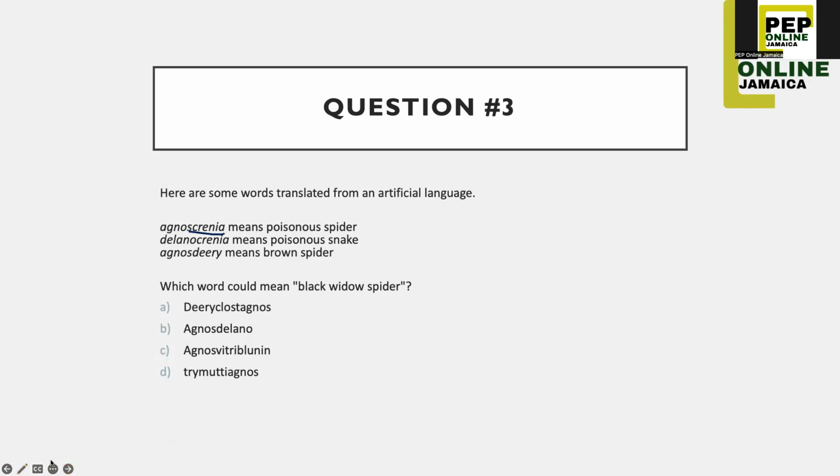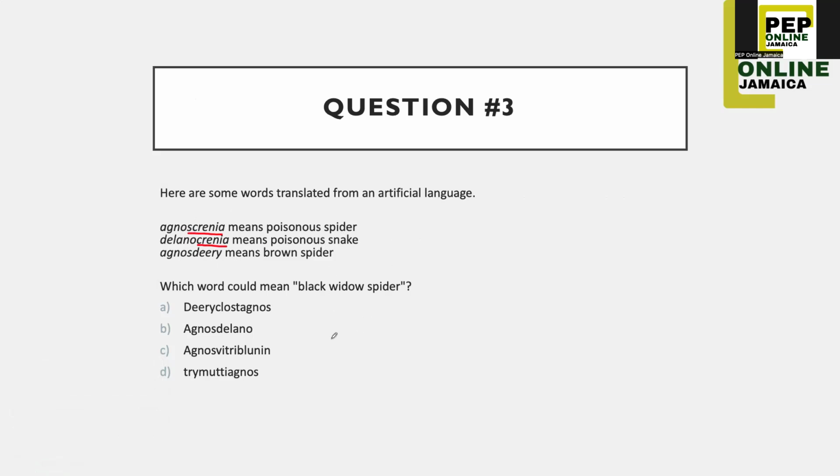Let me change this to red, which makes it a little bit clearer for you. You don't have to, but let me choose red. So when I mark it, right away you can see it. So poisonous, now we realize it's at the back. So that's agnos. And we realize that crania represents poisonous.